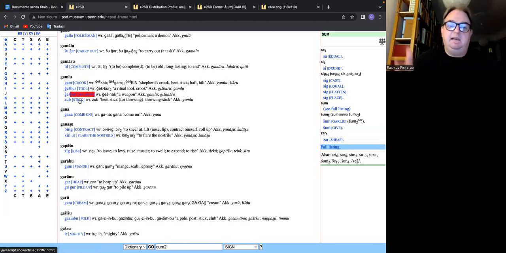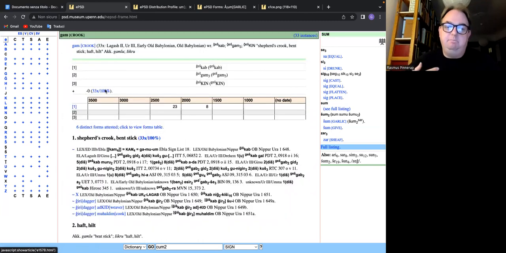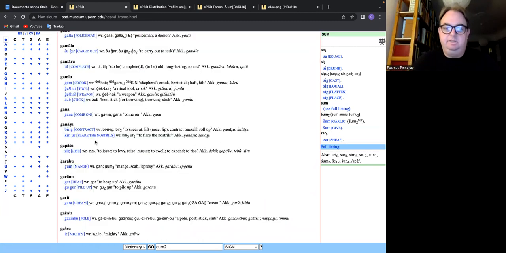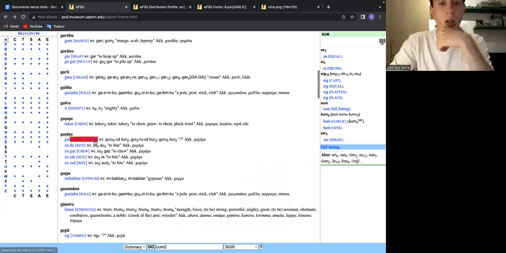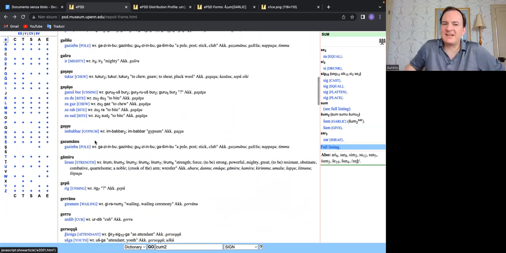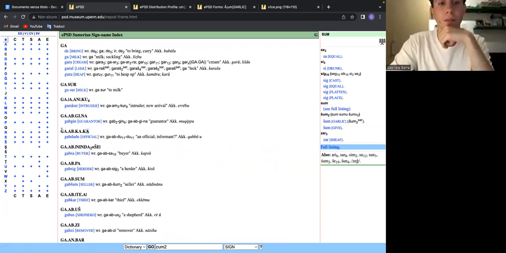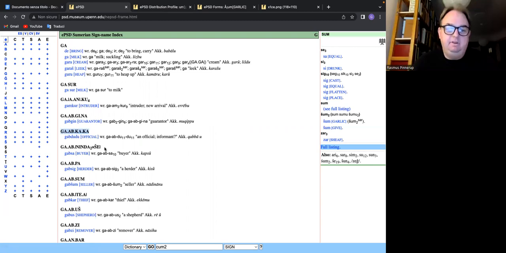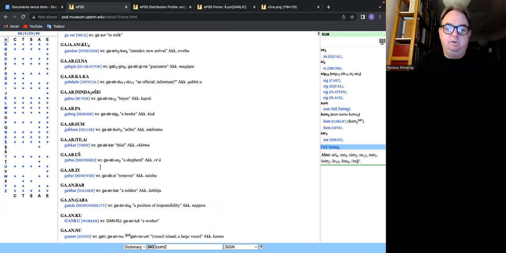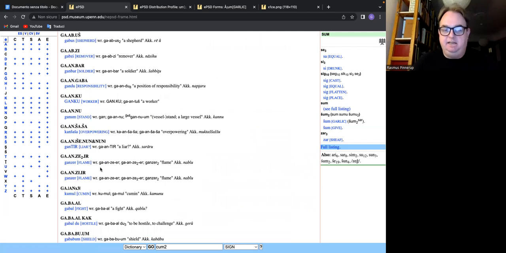Basically, these are different indices to the same corpus of dictionary entries. What's the S? Those are sign names. So if you want to look up a specific combination of signs, you find it there.